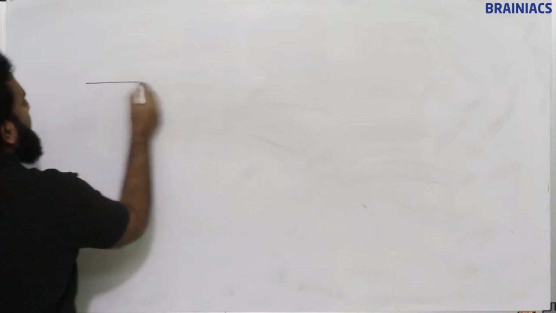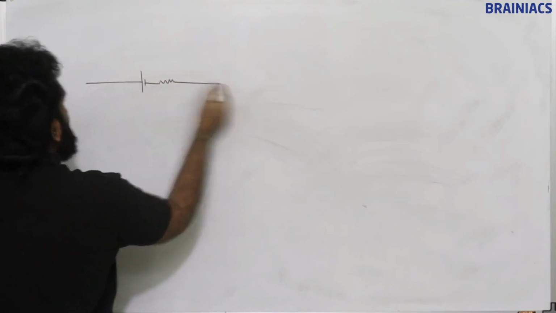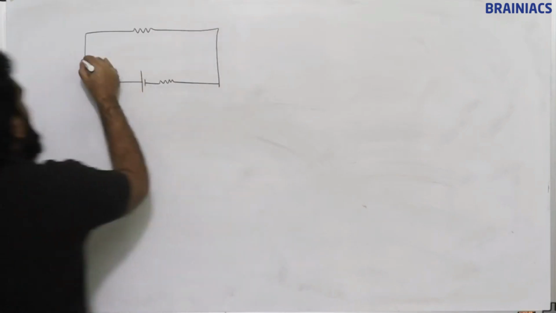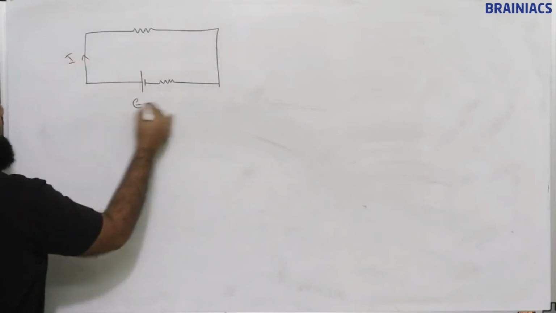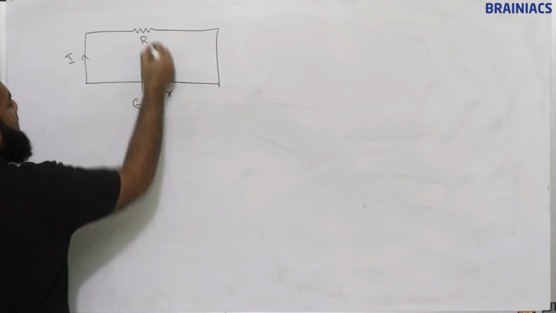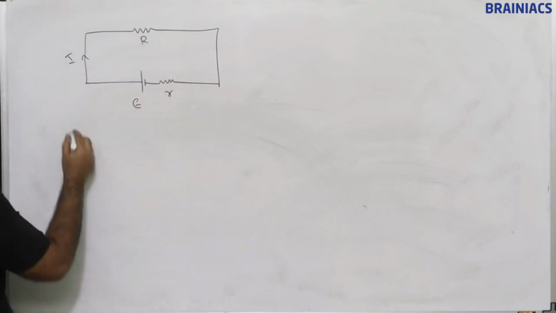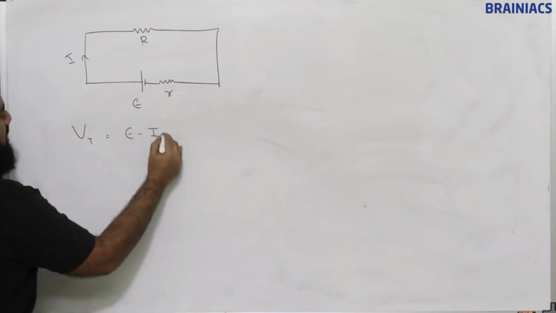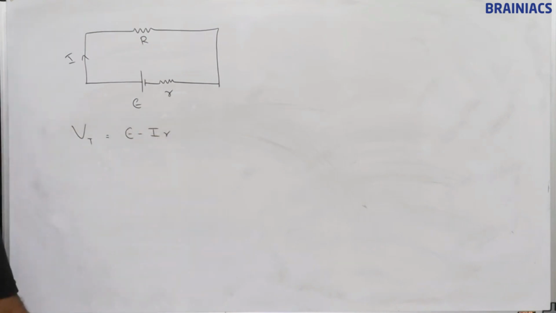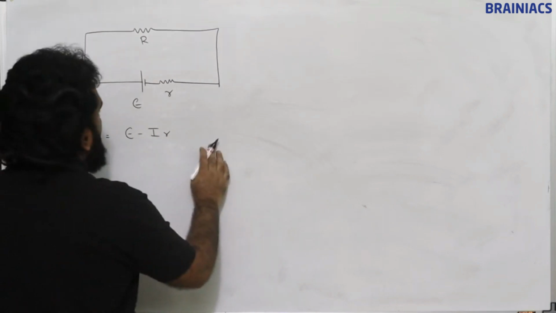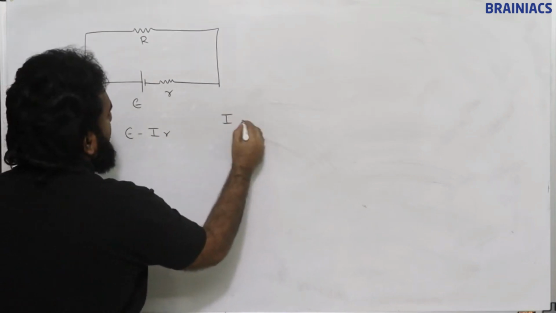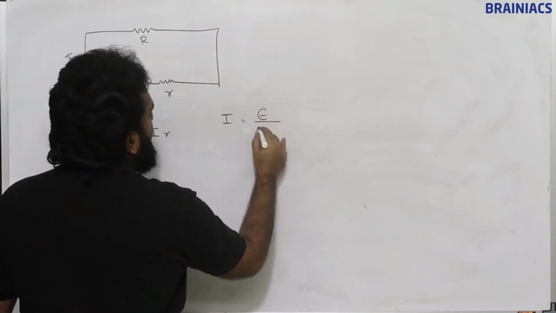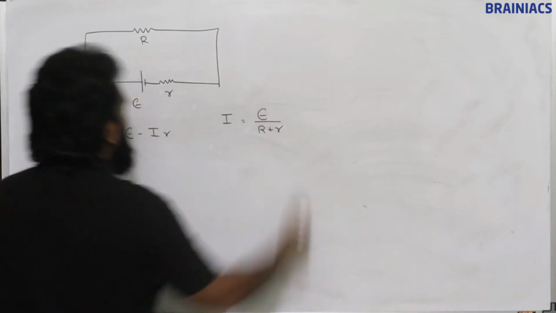Now suppose we have current I, EMF E, internal resistance r, external resistance R. The terminal potential difference is nothing but E minus I into r. Now what is the current here? Current is nothing but E by R plus r.